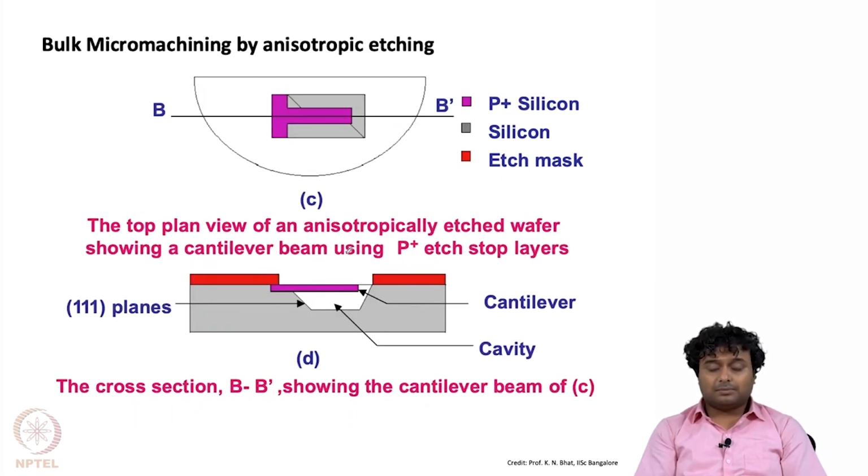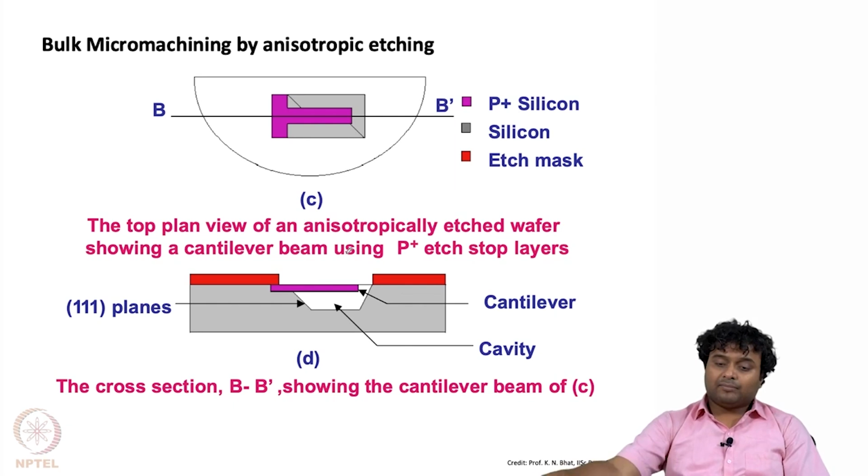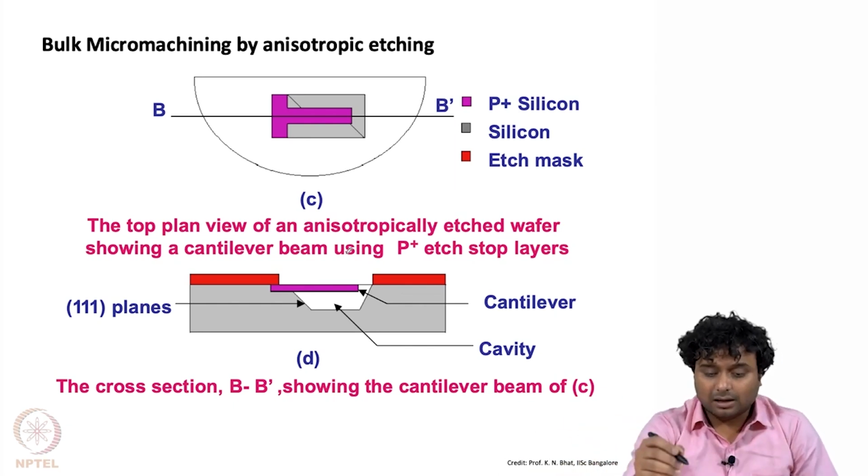So we have seen in module 1 that we have used cantilevers for different kinds of sensors, right. Now how can you make a cantilever? We can make the cantilever such that, using the cantilever geometry, only this violet or pink color region is boron doped.